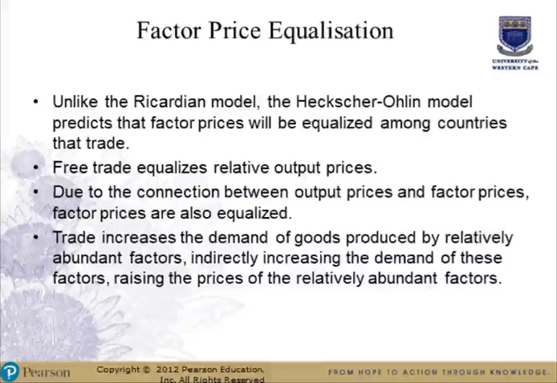As a result of the differences in the prices, the rewards to the factors of production also differ. However, with the production of both goods and international trade based on the Heckscher-Ohlin model, the output prices of both goods equalize, leading to the equalization of the prices of the factors of production.